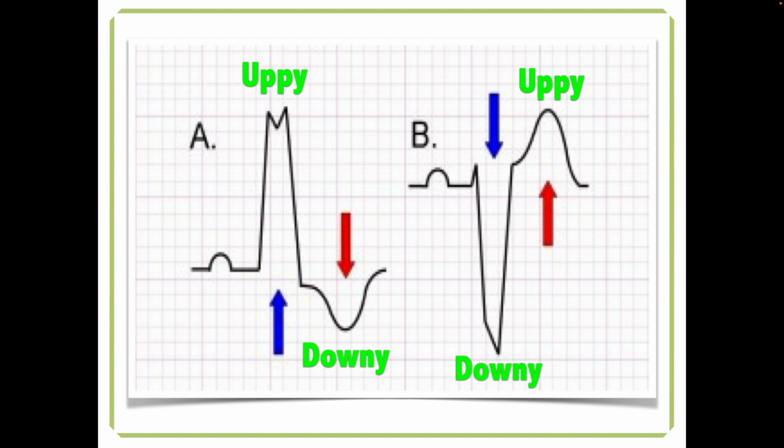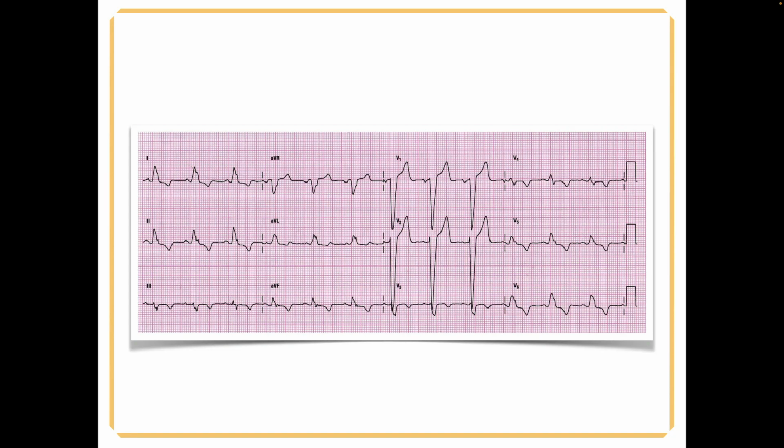So, if the QRS is an uppy, the ST depression and the T wave are downies. If the QRS is a downy, this is an uppy. So, appropriate discordance: uppy with downy, downy with uppy. I'm totally okay if you use that because I like it too. You can go through and look at the uppies and the downies. The only thing I don't like about it is if you're printing it, spell check keeps changing it to guppies.